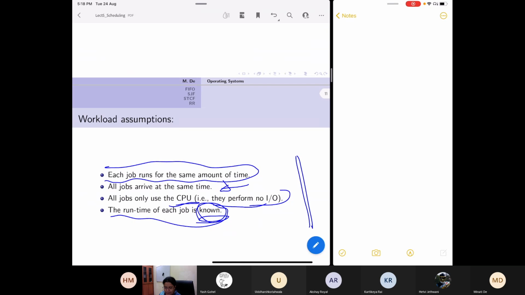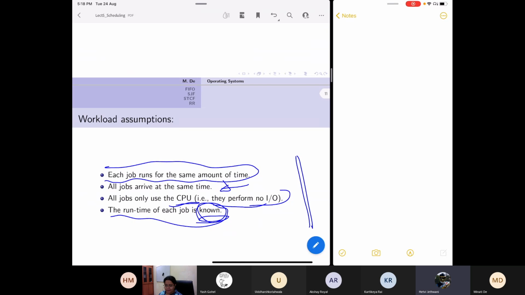Is there any problem with first come, first serve with respect to all these assumptions? With respect to response time, how is it? Is it a good algorithm?